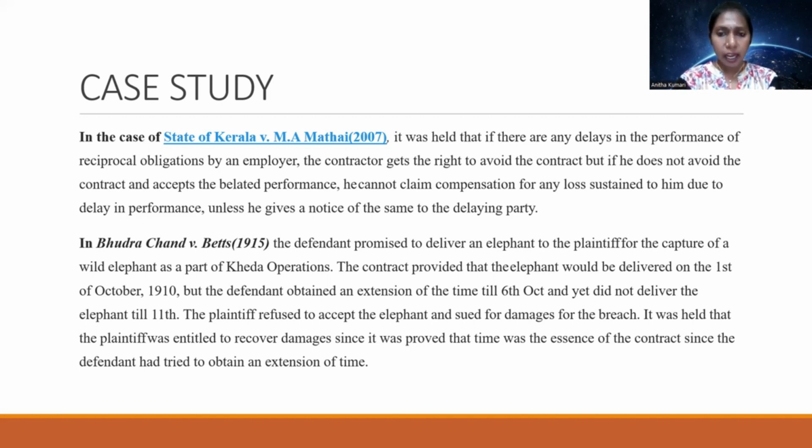The contract provided that the elephant would be delivered on 1st October 1910, but the defendant obtained an extension of time till 6th October and yet did not deliver the elephant till 11th. The plaintiff refused to accept the elephant and sued for damages for the breach.